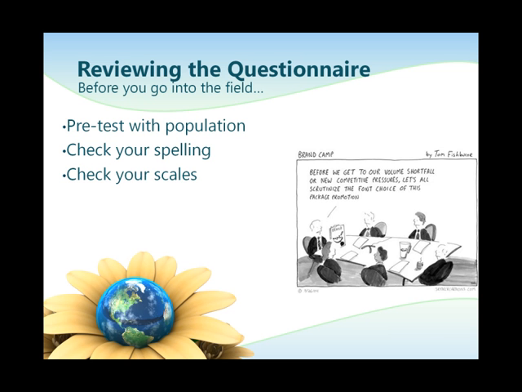Third, check your scales. Having the anchors, for example, strongly agree, disagree, and so on. This is really important. I was conducting a survey about 8 or 9 years ago, and we had the survey laid out just fine.